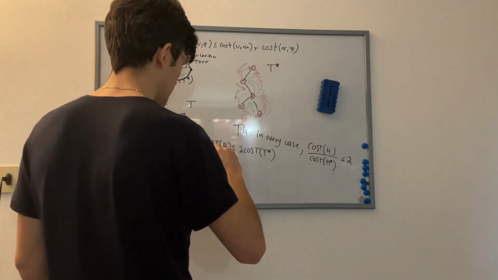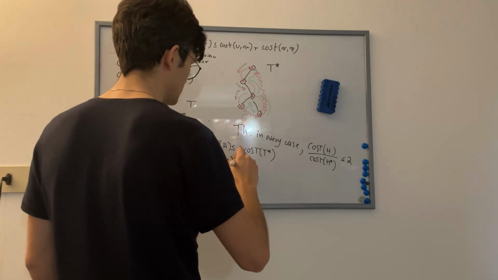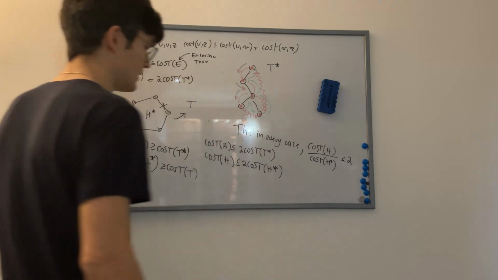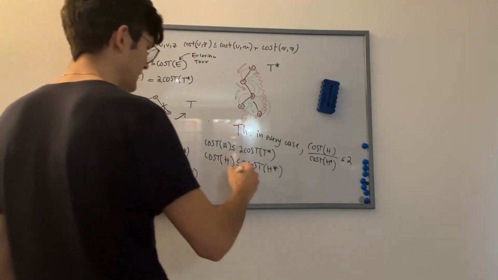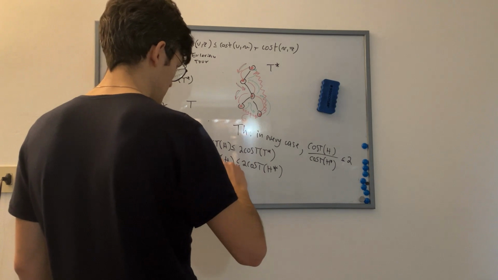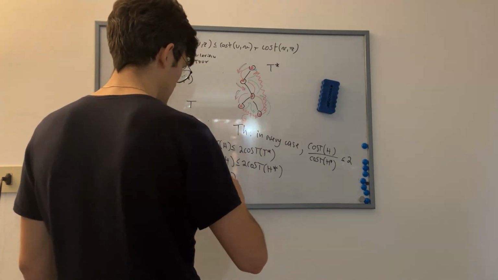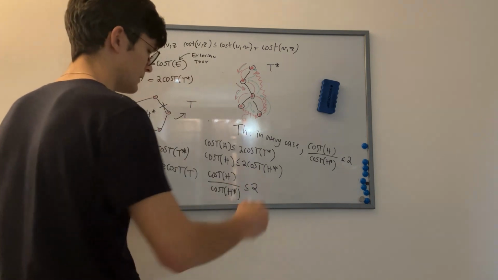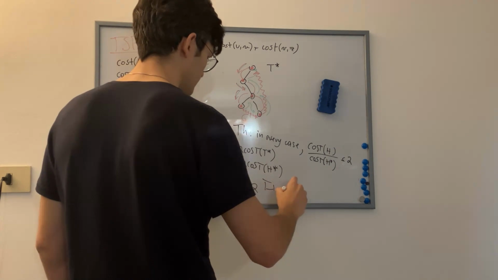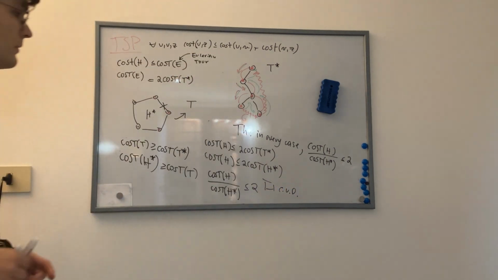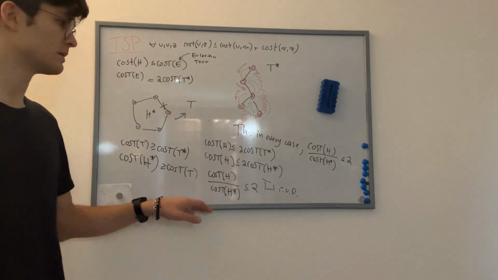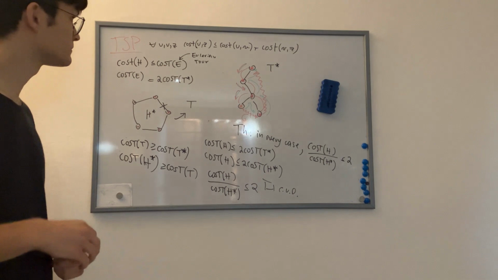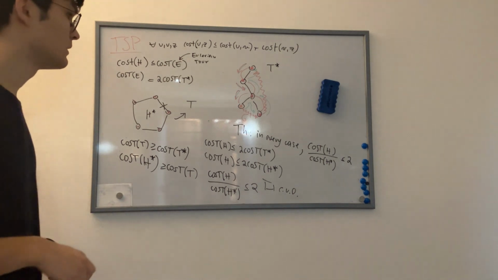So we can write that the cost of H is lesser or equal than twice the cost of H star. And as you can see now, we can divide by the cost of H star on both sides, and we get the cost of H divided by the cost of H star is lesser or equal than 2. And this is what we wanted to prove. So this was our theorem, and we proved it. This is the proof.